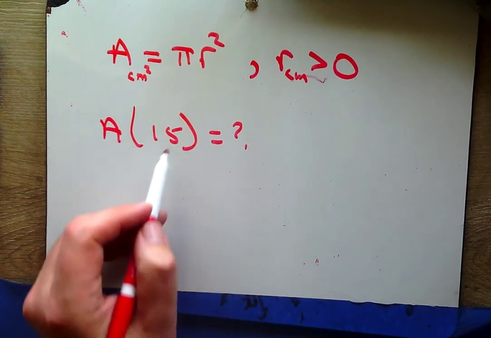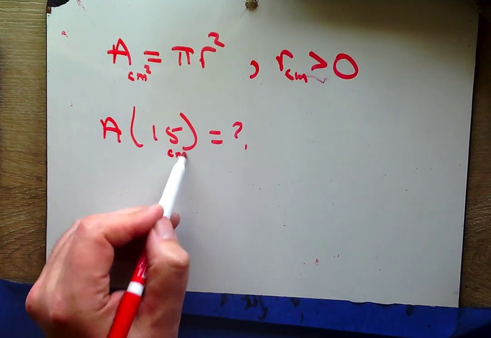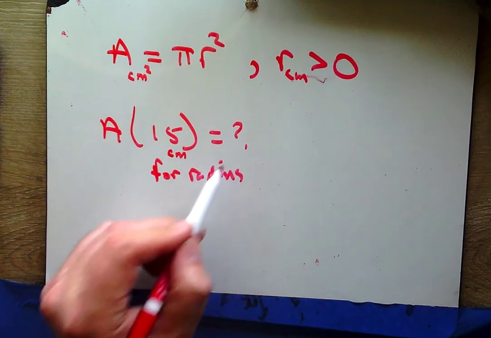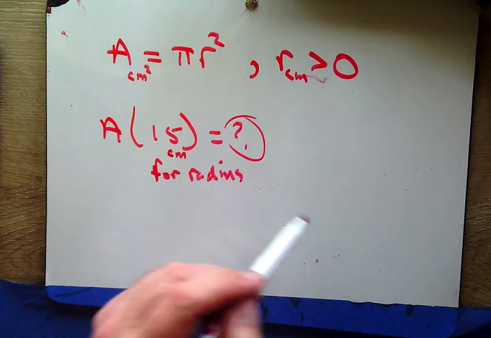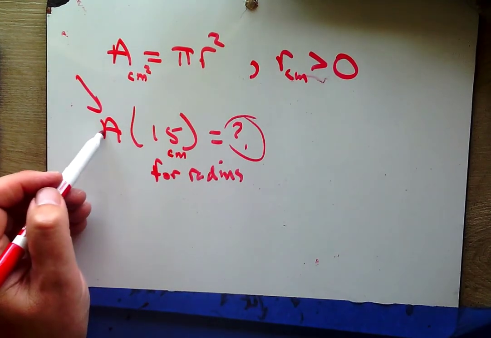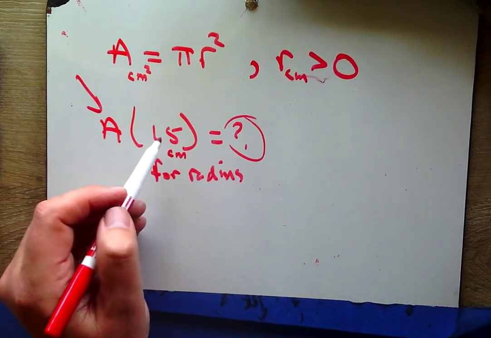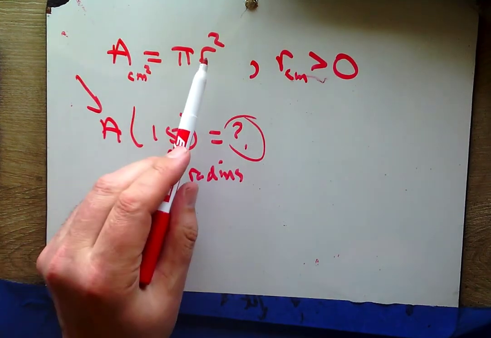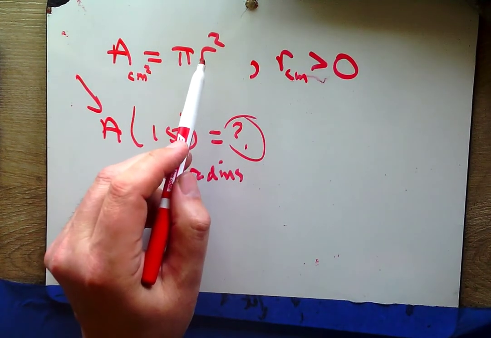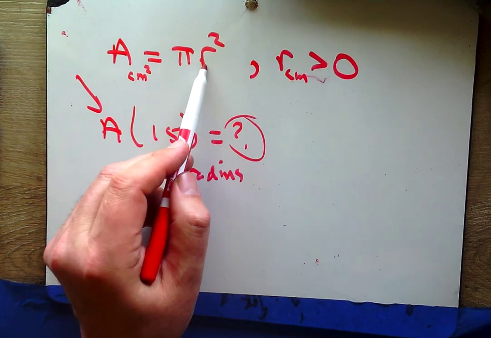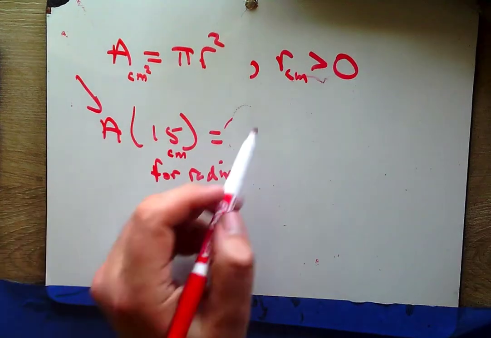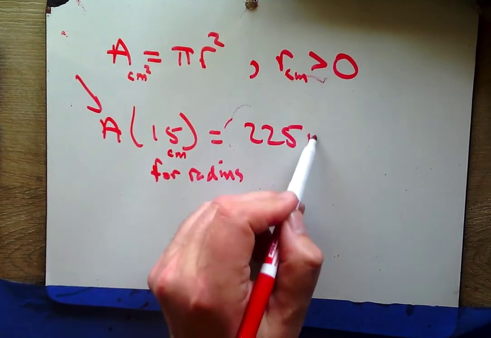So we're plugging in 15 centimeters for the radius. And this is asking the question, what's the area going to be when we plug in 15 centimeters? So I've got 15 times 15, which is 225 pi. So I know that A of 15 is 225 pi.